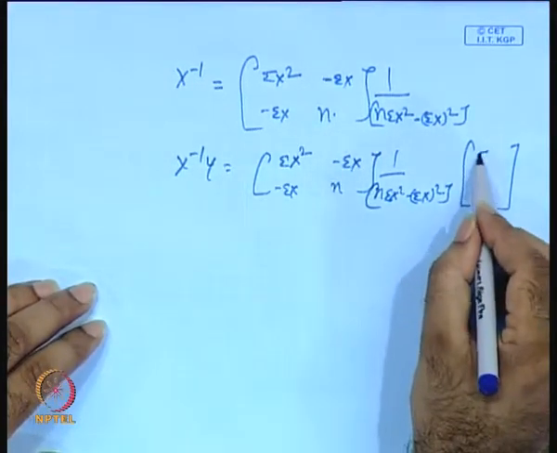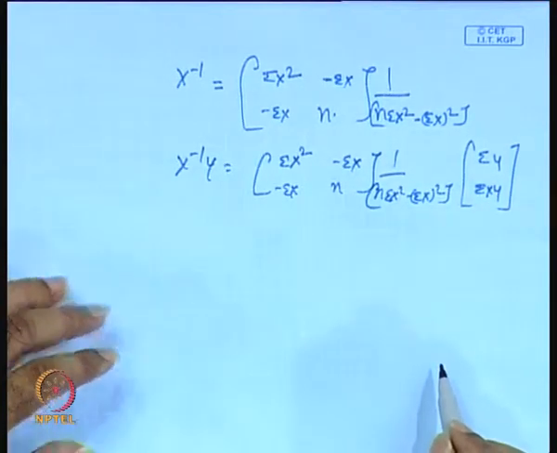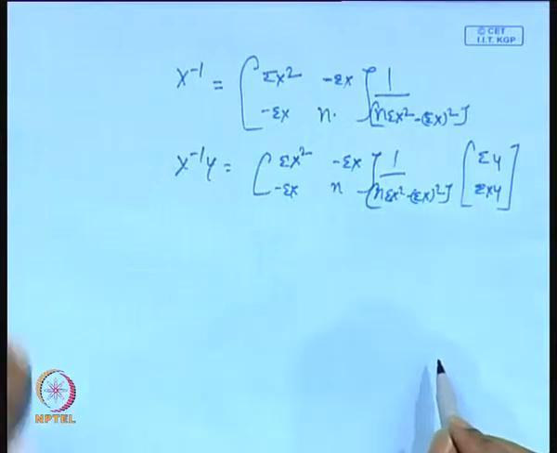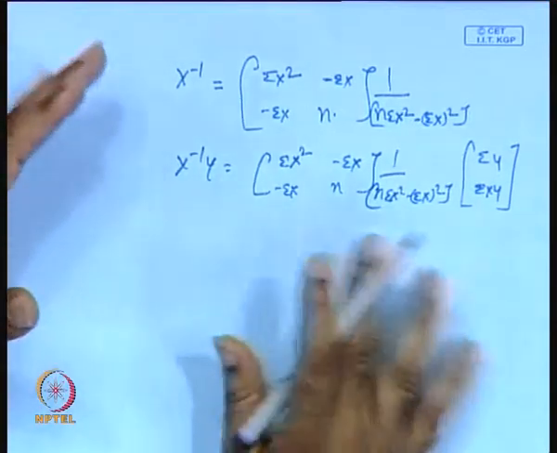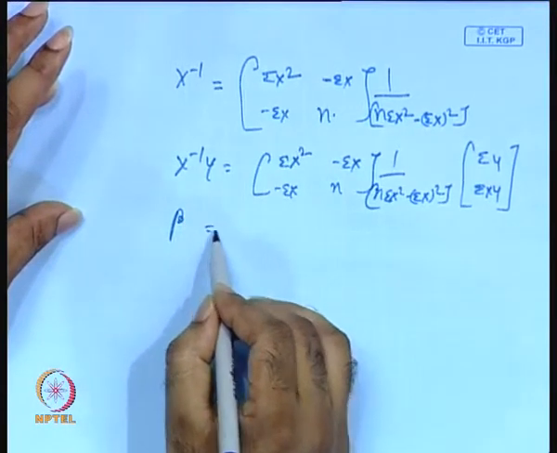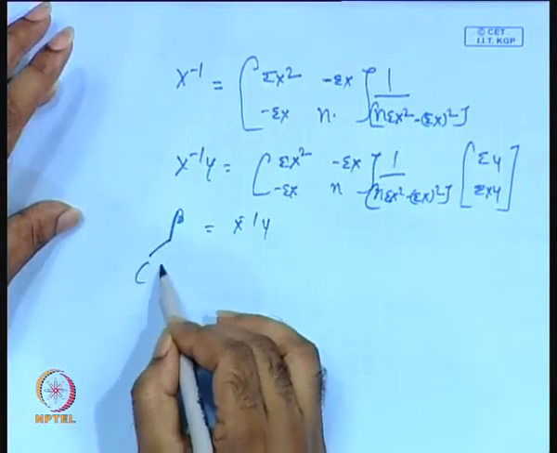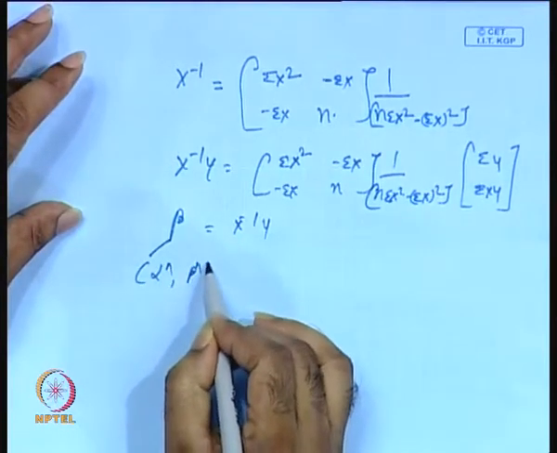Y equals sum y, sum xy. This is X inverse Y. Now beta equals X inverse Y. What is beta? Beta is nothing but alpha hat and beta hat.